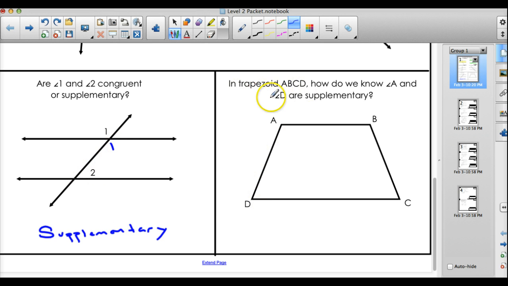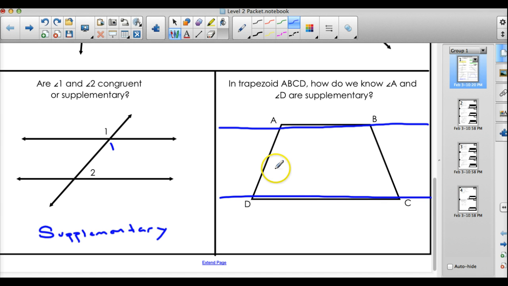The second part, sometimes the parallel lines won't look like parallel lines with the transversal. You have to draw it for yourself. In trapezoid ABCD, how do we know that A and D are supplementary? Well, in a trapezoid, this is what you know. The bases are parallel. So here are our bases, and these are parallel to each other.